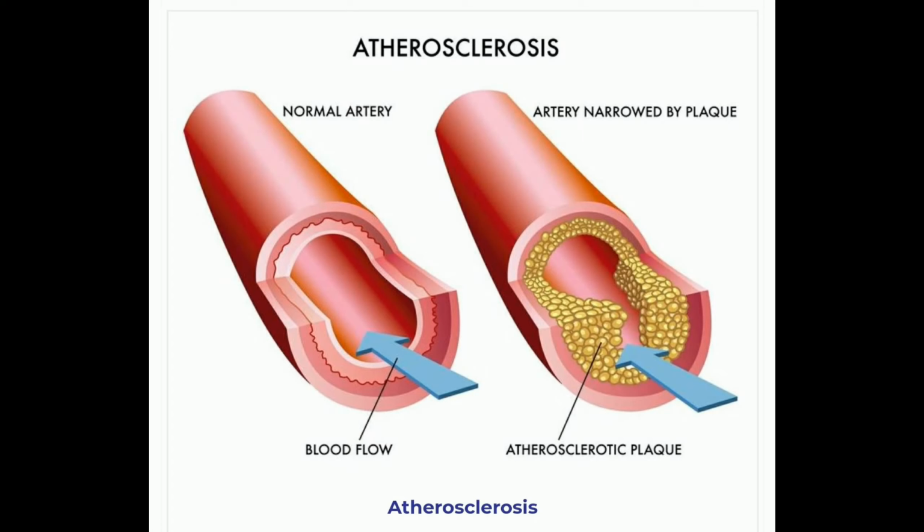At first there's a little blood clot attached to the wall of our arteries, and after that small clot, as the years go by, there's a fatty deposit, and they keep attaching and attaching until they become thick.